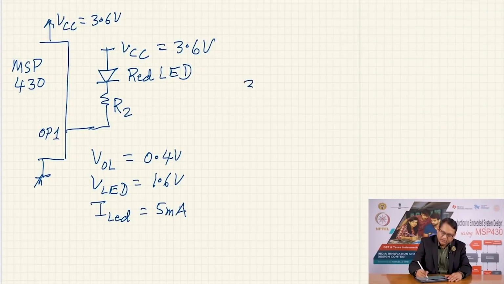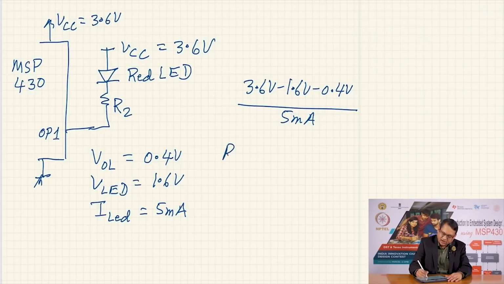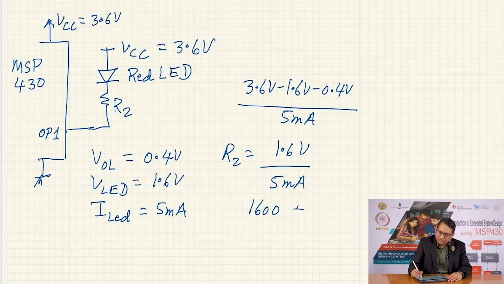Now, the calculation will be 3.6 volts minus VLED, which is 1.6 volts, minus the output VOL, which in this case is 0.4 volts, divided by 5 milliamperes. Therefore, R2 equals 1.6 volts divided by 5 milliamperes, which is about 1600 ohm divided by 5, so roughly 320 ohm.